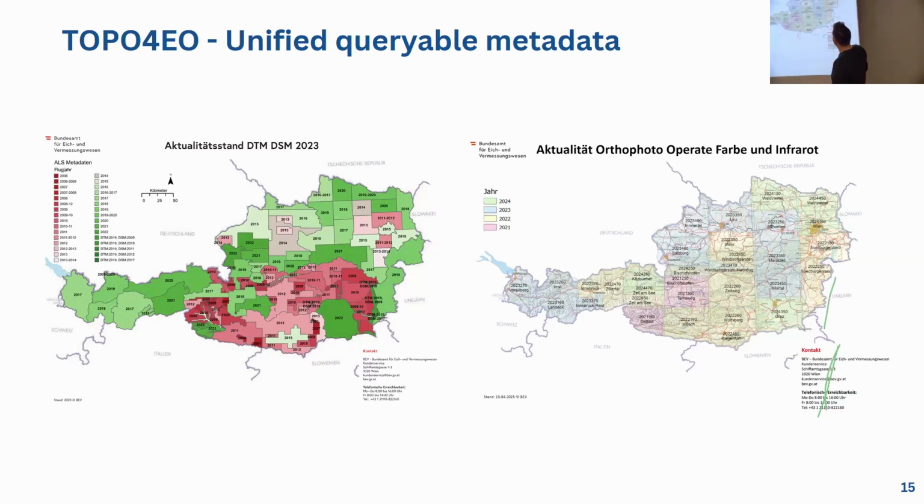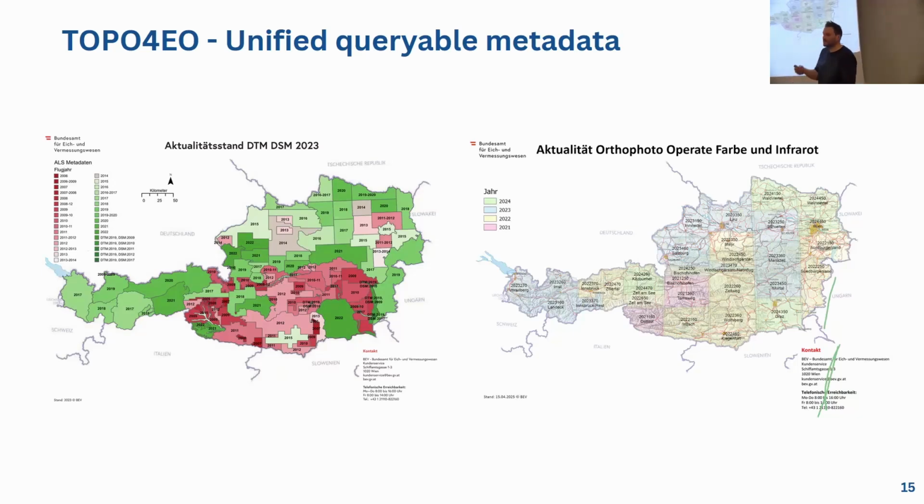On the right-hand side, you see it for the orthophoto, and here the situation is slightly different, because I think every region in Austria is recaptured every 3 years. Is it 3 years? 3 years. So we don't go back 10 to 15 years in time, but still we have a variety of acquisition times.